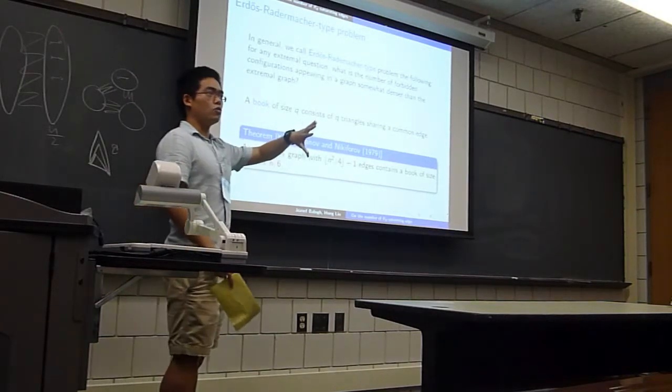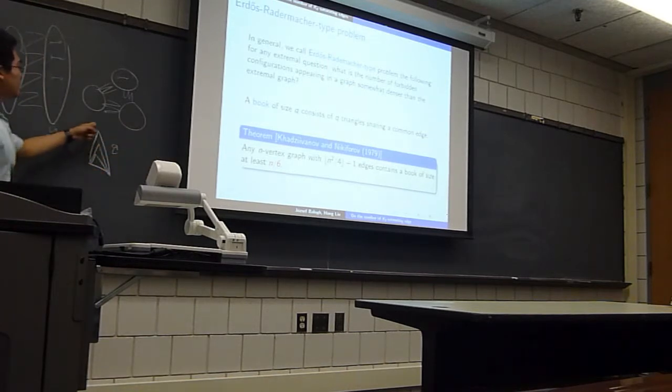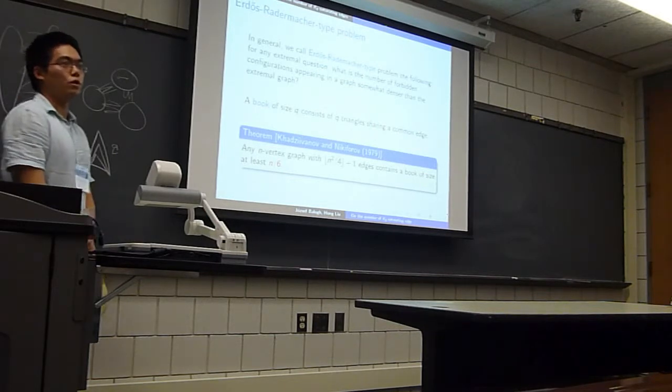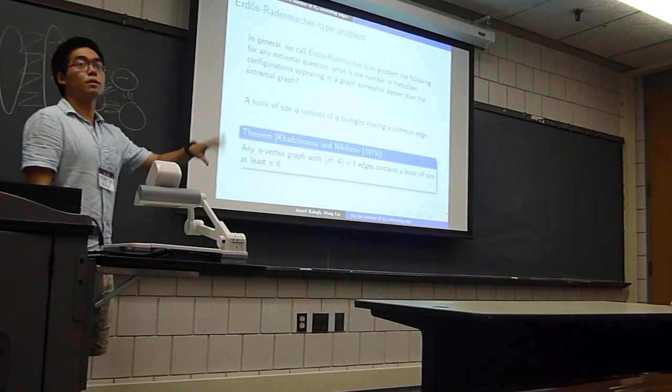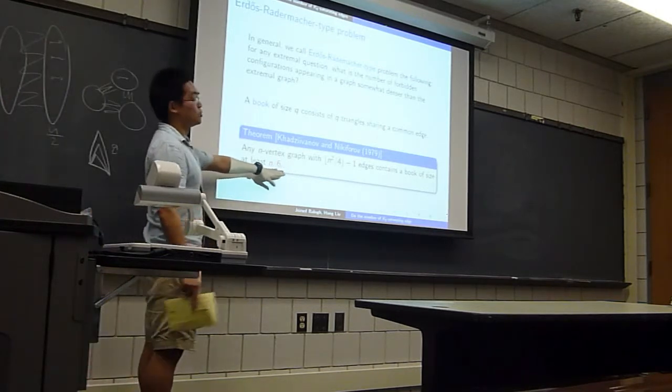So from no triangle, if you add one more edge, we necessarily guarantee n over 6 triangles sharing one same edge. You can consider this as the earliest Rademacher type problem concerning the size of the book that you can always guarantee. So this is also a jump from 0 to linear.